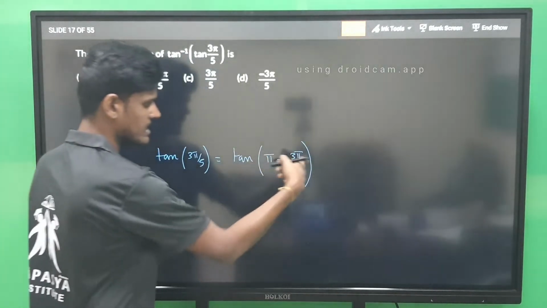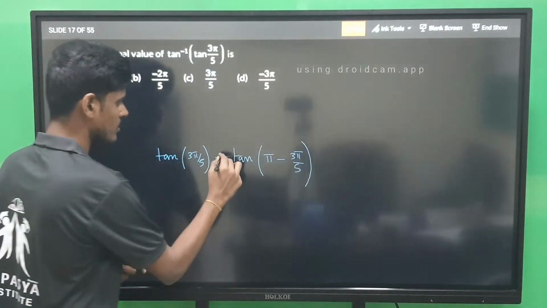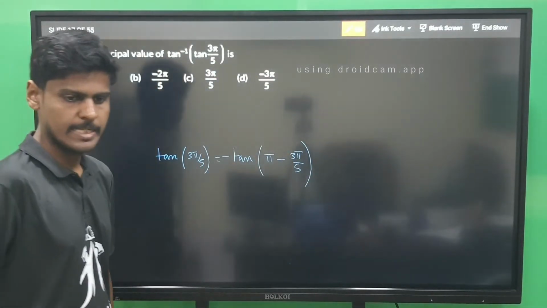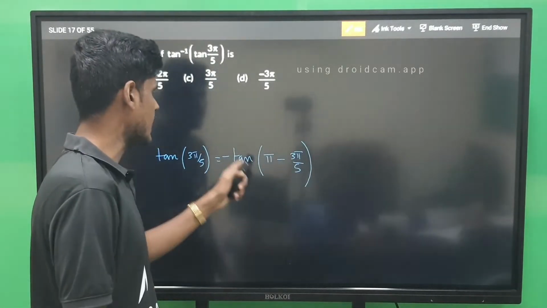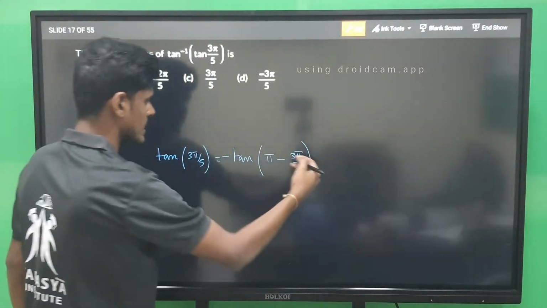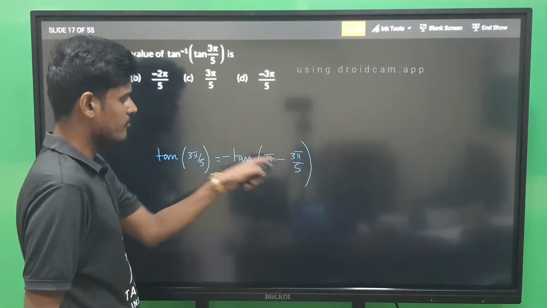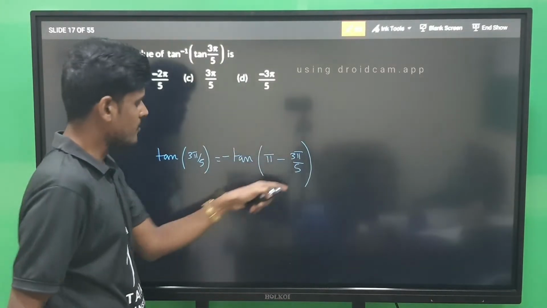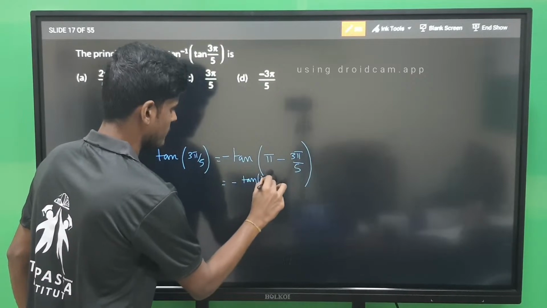Tan 180 minus theta is in second quadrant and tan is negative. So what we need to do? Negate this answer. So this is the required answer, minus tan of pi minus 3 pi by 5. And what is this answer? Pi minus 3 pi by 5 is 5 minus 3, that is 2 pi by 5. This is equal to minus tan of 2 pi by 5.